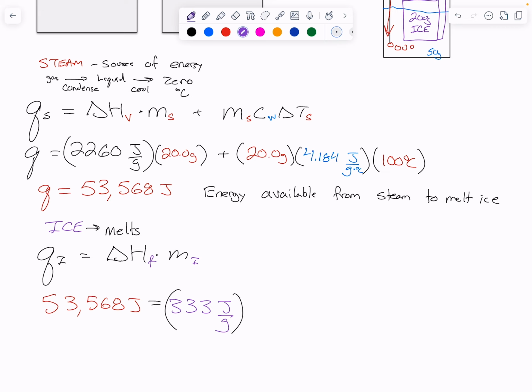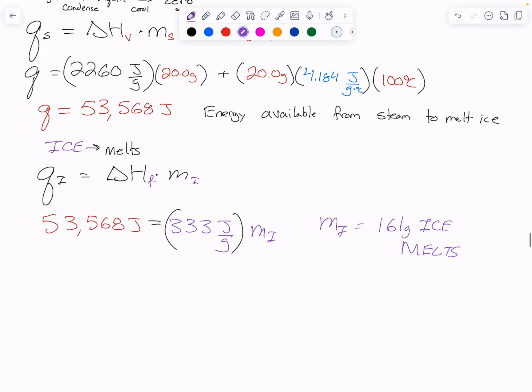And the mass of ice, does that equal more than 200 or less than 200 or exactly 200? So if we take the 53,568, divide it by 333, I think I get 161 grams of ice melts. So that's how much melts.